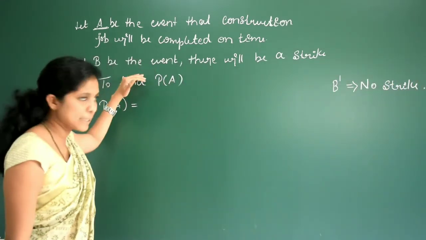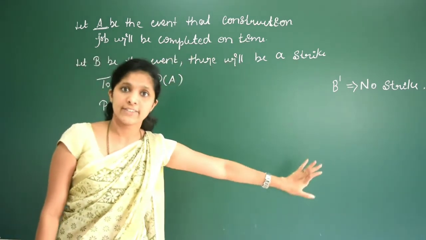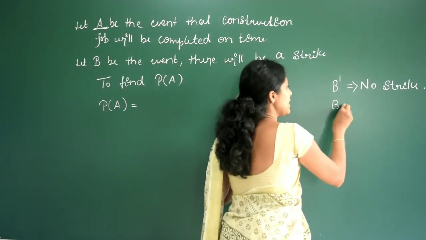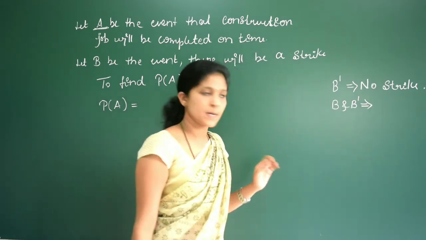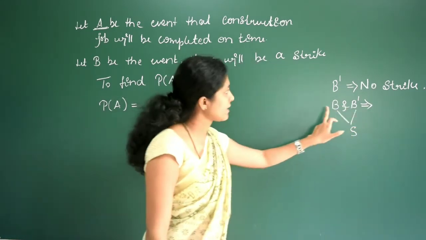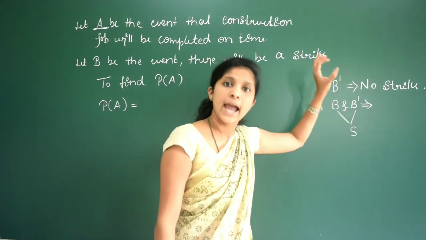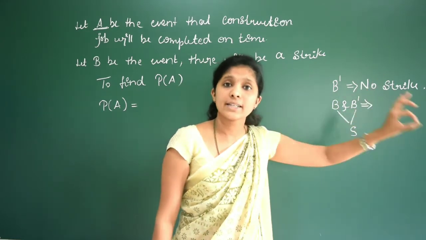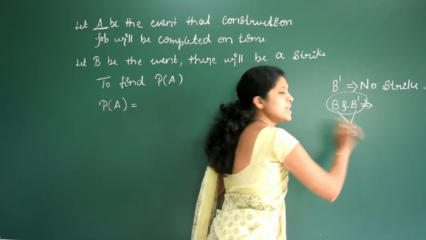B and B dash are disjoint, B intersection B dash is empty, and together they form a partition of a sample space.